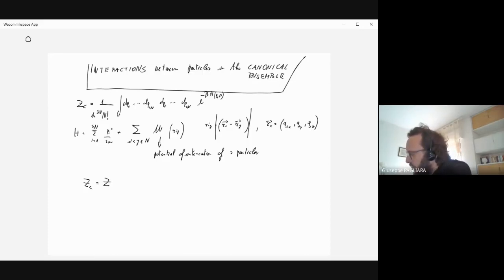I will have a contribution which is the Zc of the ideal gas, which comes from integration over p, from the integral on dp1 to dp3n, times another partition function that I will call Zu, which is the contribution to the partition function related to the integral over the coordinates of the piece of the Hamiltonian containing the potential energy.